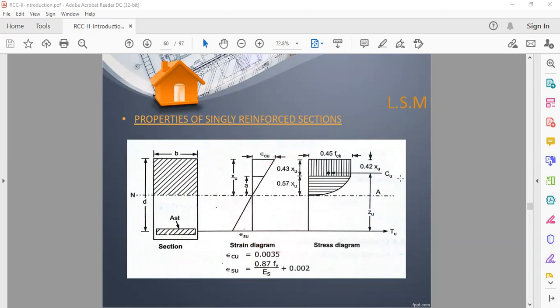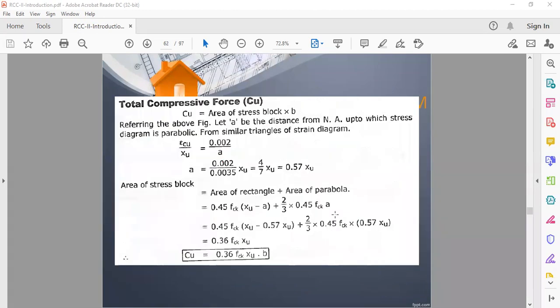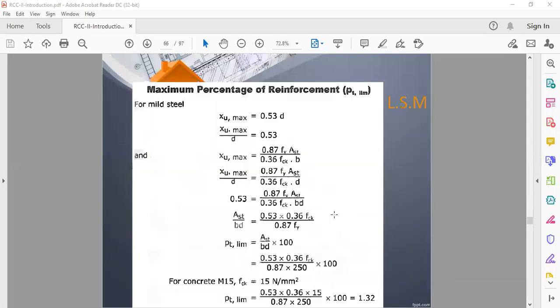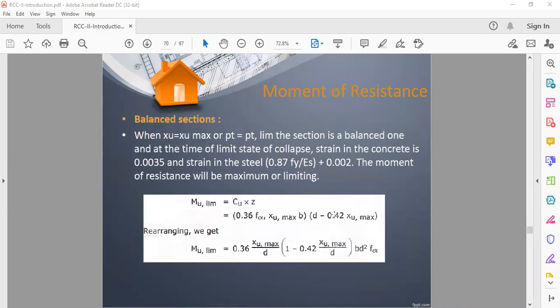When we calculate Xu and Xu max, we check whether Xu is less than, greater than, or equal to Xu max. Based on that, we get the under-reinforced or balanced section. In this case, just replace Cu and Z. Here, just remember Xu equals Xu max, so Xu in the earlier slide has been replaced by Xu max.